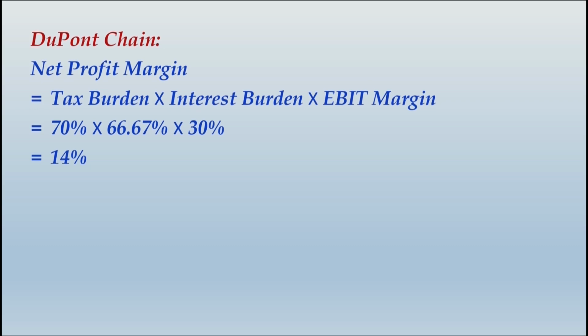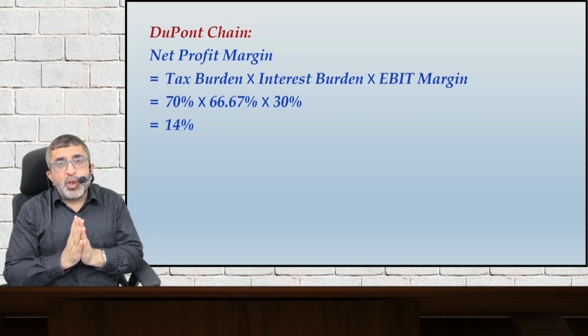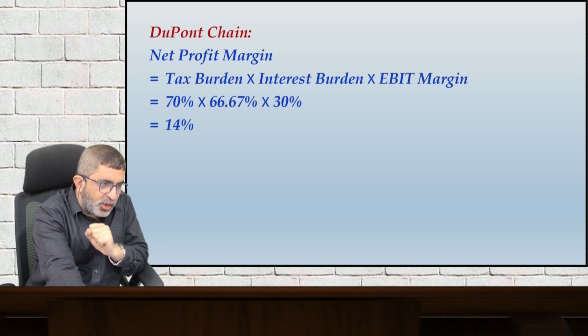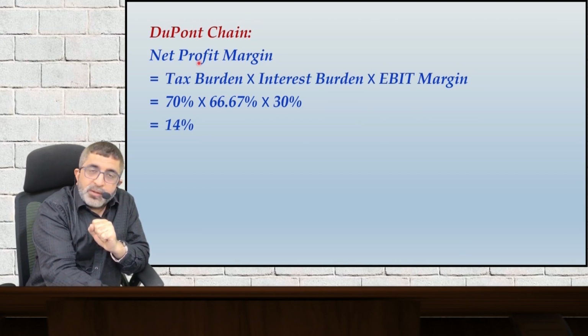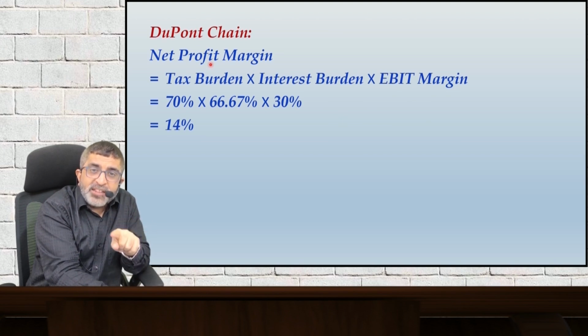Alright friends, once you have completed writing this whole thing, let us move ahead, and now what we do is bring up the whole extended DuPont chain. If you talk about the extended 5-part DuPont chain, the first ratio that you used was net profit margin, which was multiplied by return on assets and then multiplied by financial leverage.